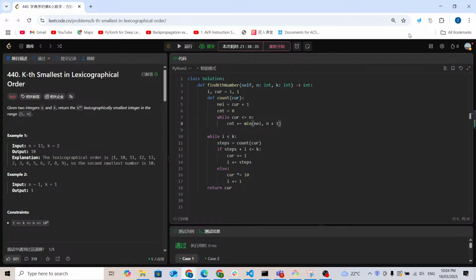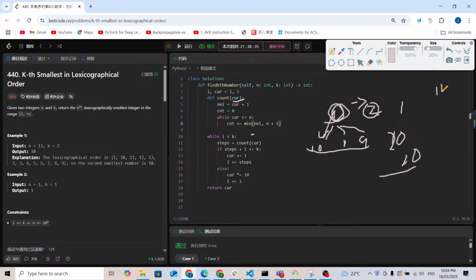This is as I explained earlier. If this is 113, and this is 100, actually this is 113 minus 100 plus 1. This is why we use the minimum of n plus 1 with neighbor. If the neighbor is smaller, definitely we use the neighbor. But if n plus 1 is smaller, because this is 113 and the next is going to be 200, instead of using 200, we use 113.